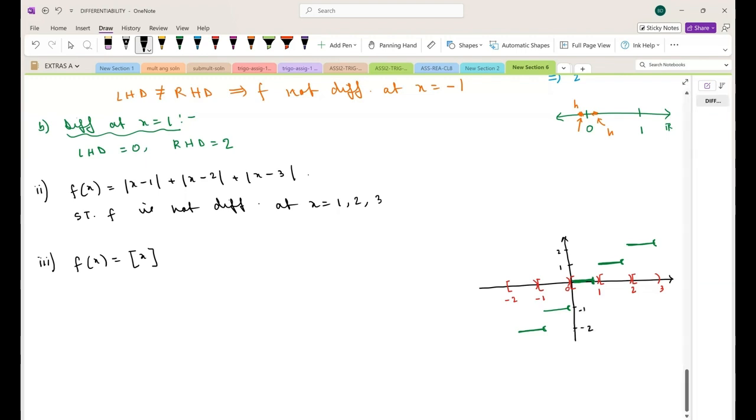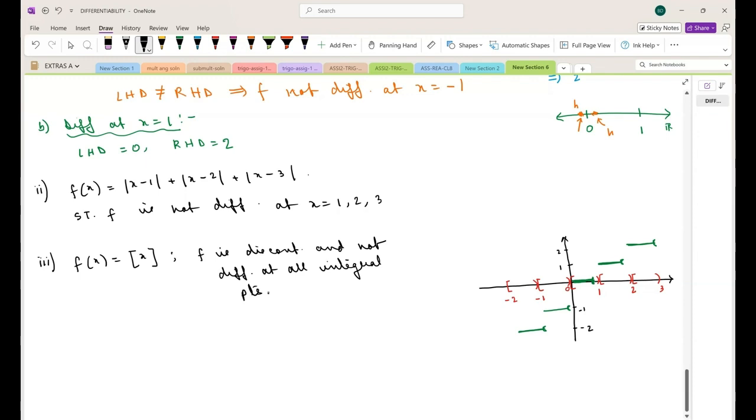Okay. Now we want to show, what are the properties of [x]? Here f is discontinuous and not differentiable at all integral points.